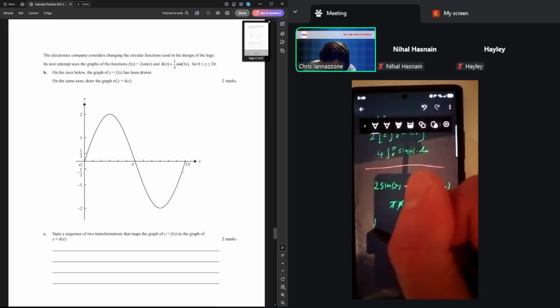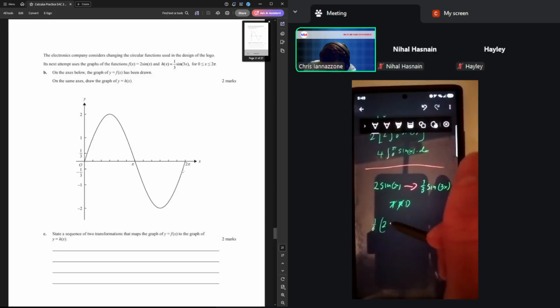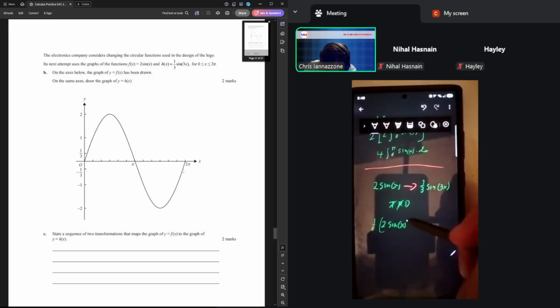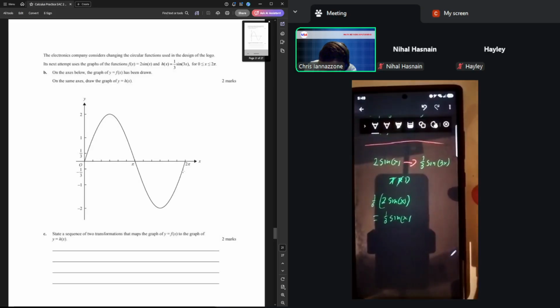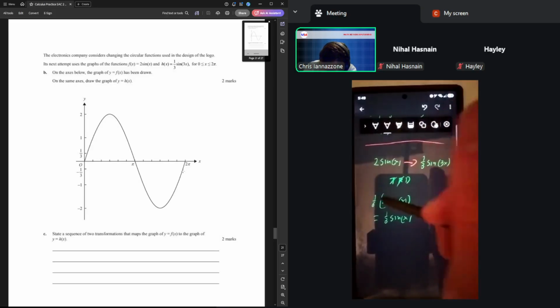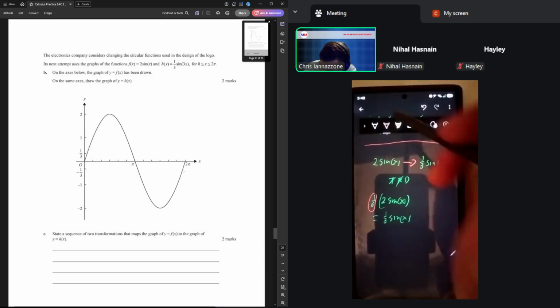The factor is 1 over 6. So that's going to get us our 1 over 3 sine x. Then maybe we should highlight that this is the factor we've used. Then from there, I need to figure out how to get these to work.